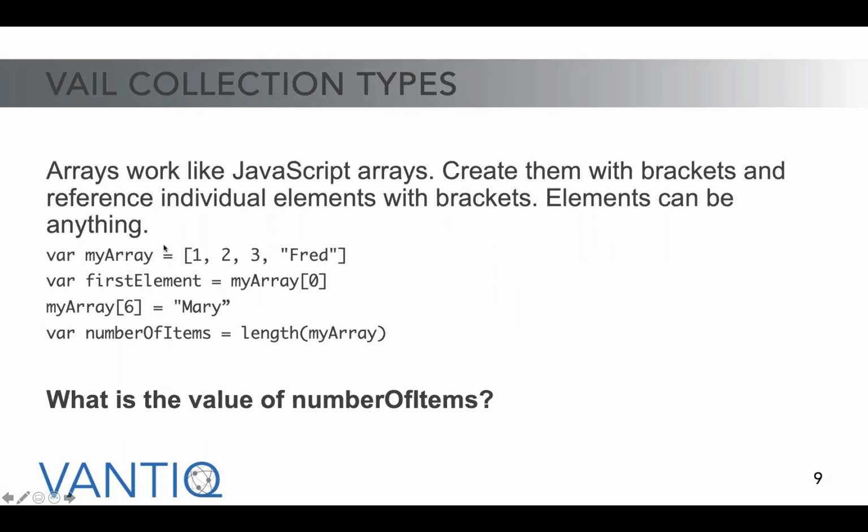The first element of this array will be element 0, in this case 1. If you assign to element 6 Mary, the number of items in this array will actually be 7, because this is 0, 1, 2, 3, 4, 5, 6. So you would have seven items.